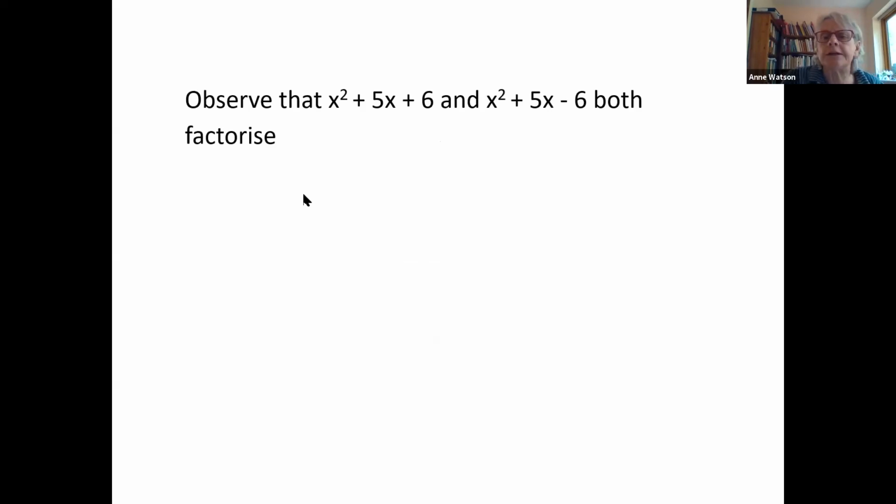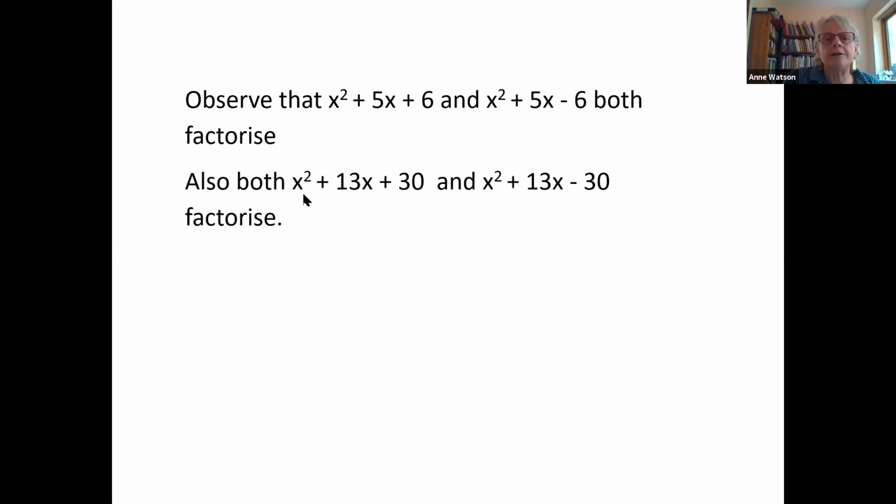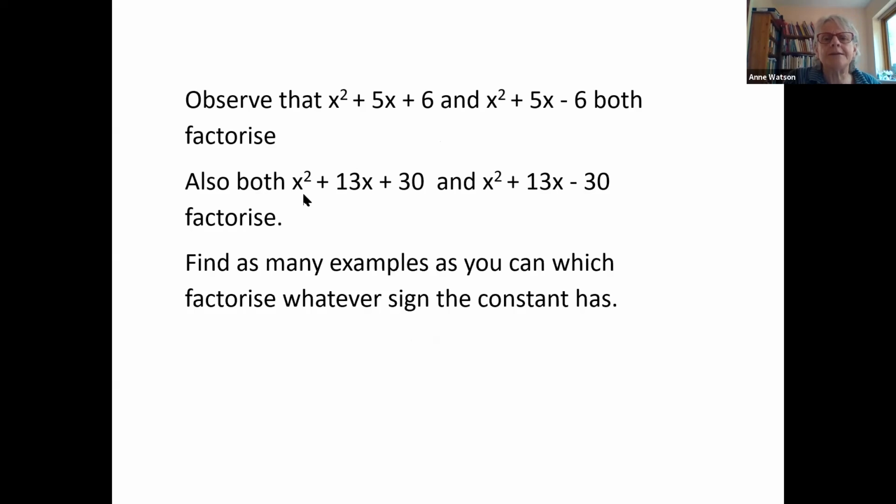This is an interesting collection. You might, if I give you time, observe that both of these factorize. I tell you for free that these also factorize. Where's she going with this? What's the same? What's different? Find as many examples as you can which factorize whatever sign the constant has.